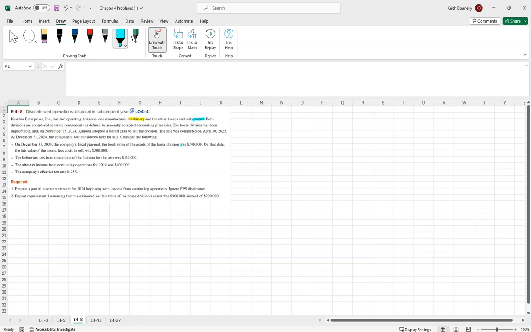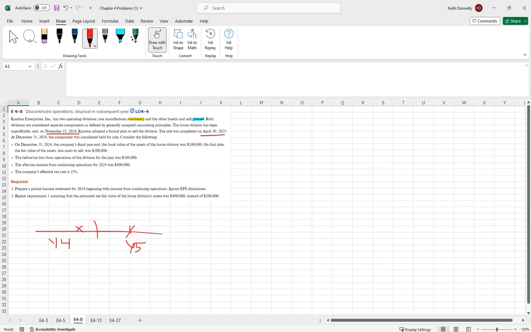The horse division has been unprofitable, and on November 15th, 2024, so if we put year 4, then we got year 5, towards the end of the year, they adopt a plan to sell that horse division. So that is now going to make it a discontinued operation that we have to account for. They ultimately sell it in year 5, April 30th.